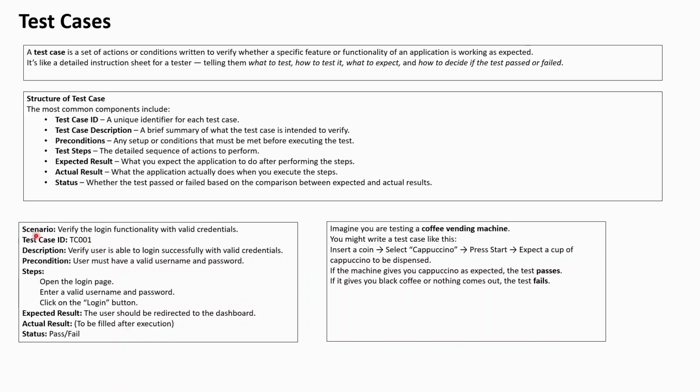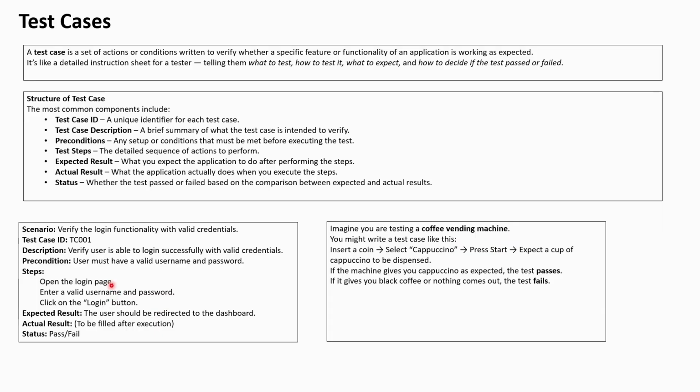Write a scenario like, I'm going to verify the functionality of a coffee vending machine. So you can write the test case ID as TC002. You can give a brief description that I am going to test the functionality of the coffee vending machine. The precondition is the machine is on and it already has enough milk and coffee beans to make a cappuccino, right?